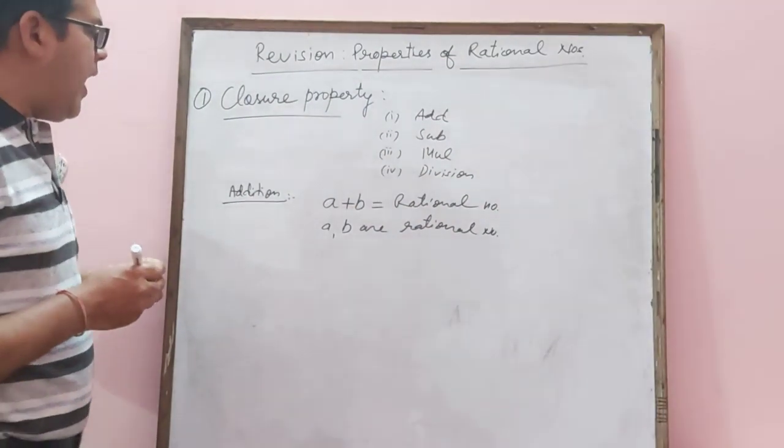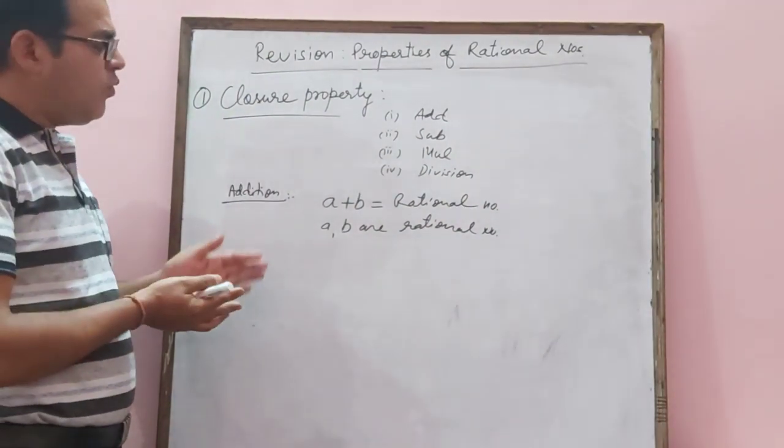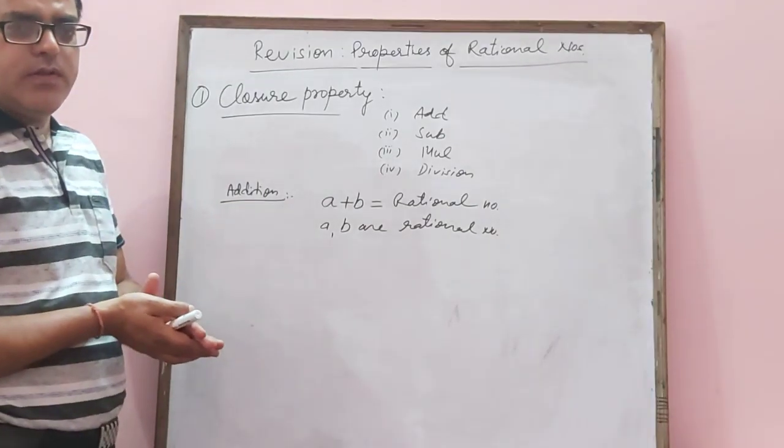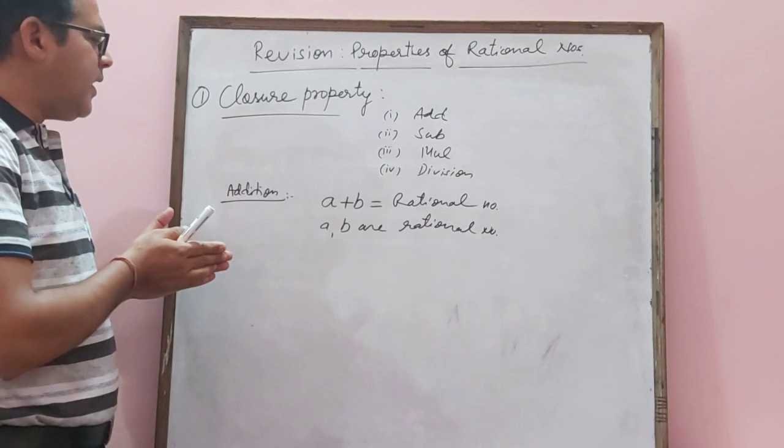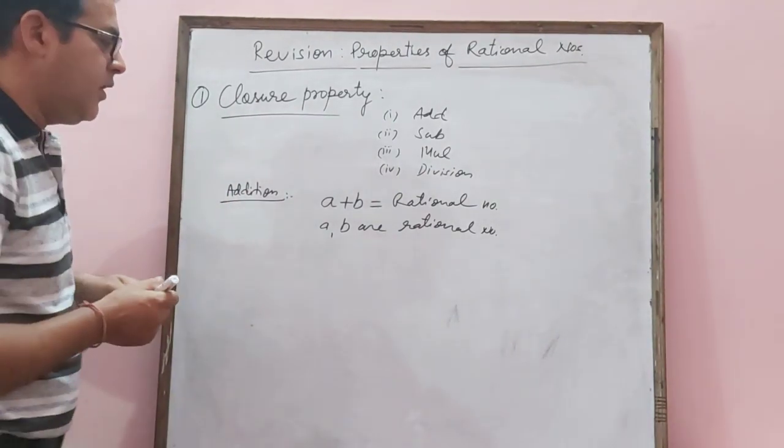So, if we add two rational numbers together, we will get another rational number. This is the closure property of rational numbers for addition.